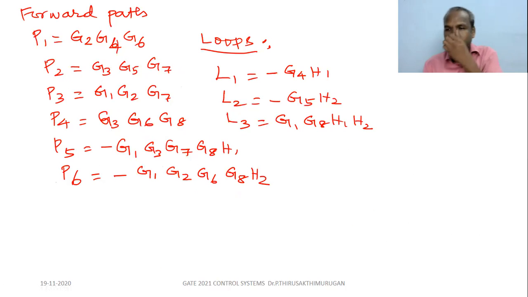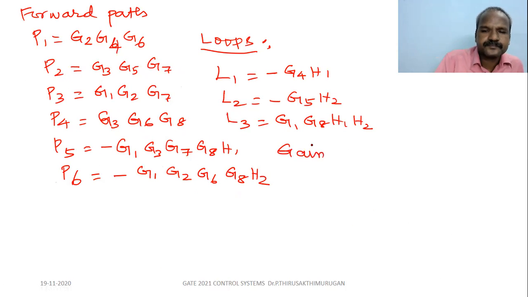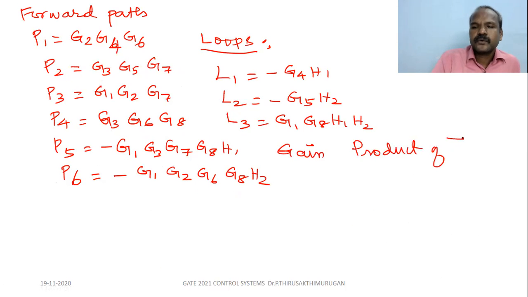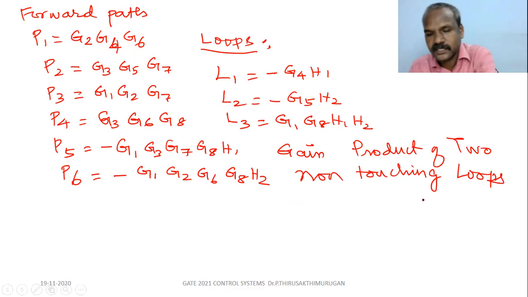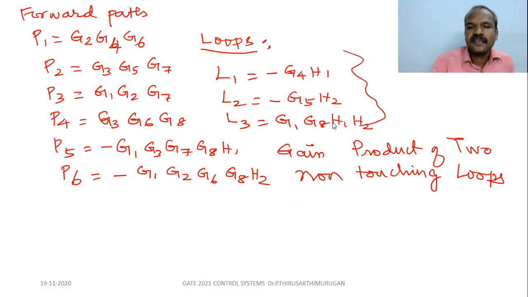Gain product of 2 non-touching loops. So what are the 2 non-touching loops? Among these 3, L1 and L2 are 2 non-touching loops. So L12 is non-touching loops.